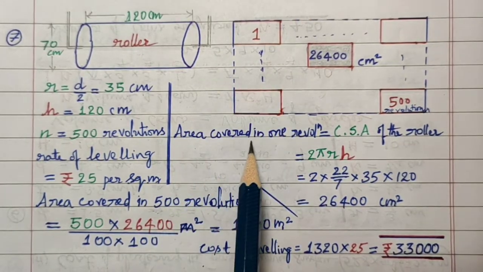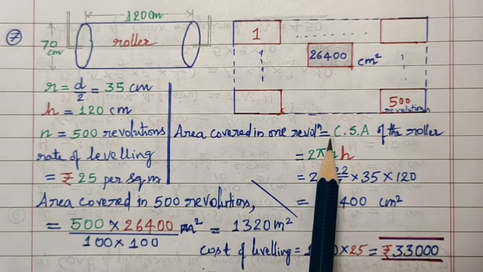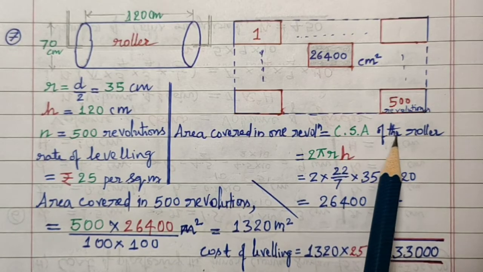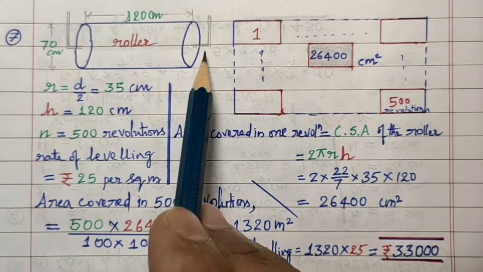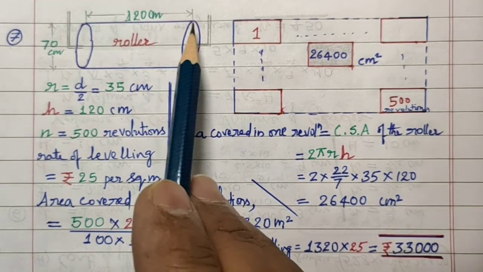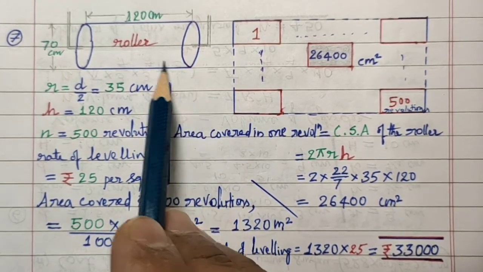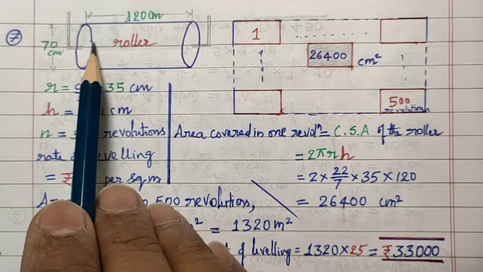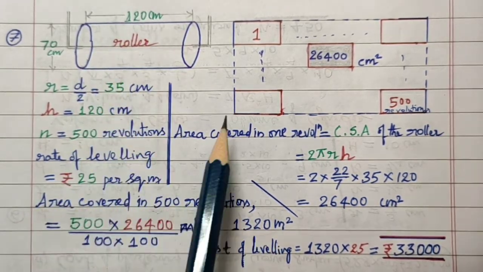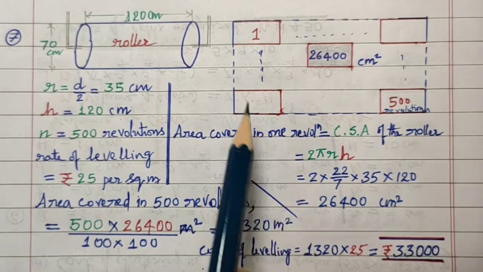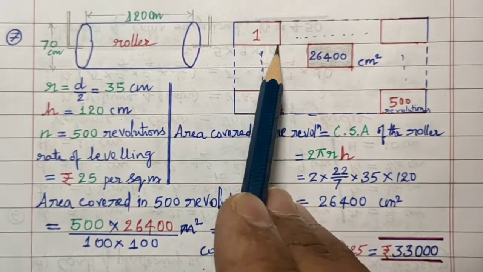The area covered in one revolution is equal to the curved surface area of the roller. See, in one revolution, from here it starts, and when it rolls it covers everything. So the curved surface area of this roller is equal to the area covered in one revolution.